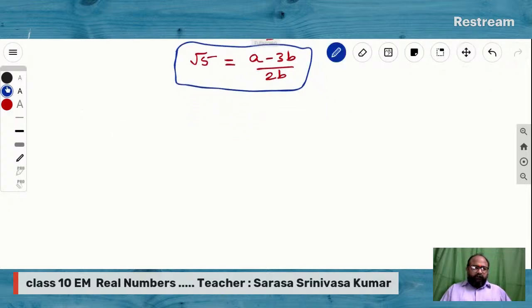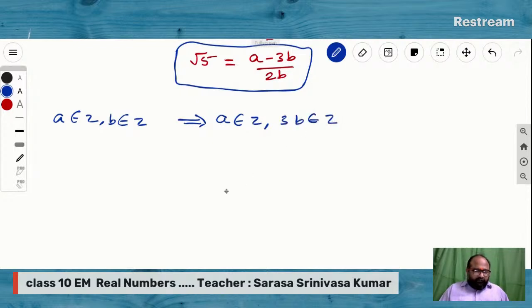So we now write, a is an integer, b is an integer. This implies that a is an integer and 3b is an integer. How can you say that 3b is an integer? 3 is an integer and b is an integer. Hence, the product of two integers is again an integer.